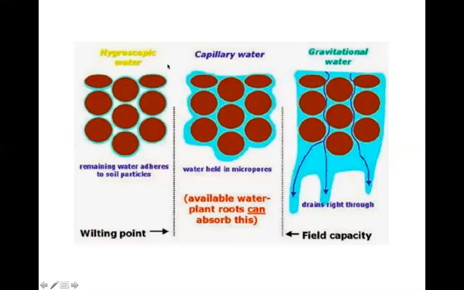So when we add more water to the soil, a second increment of water forms as a result of matric or capillary forces. So we call this capillary water. More pores are filled with water, and this is available water that roots can easily absorb.